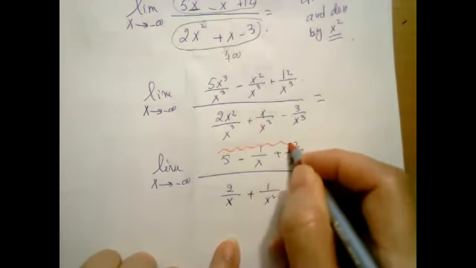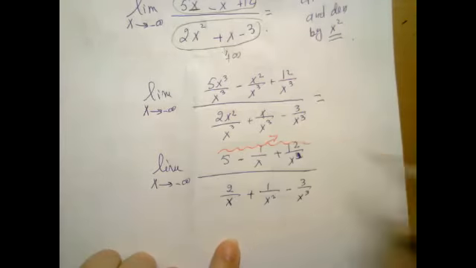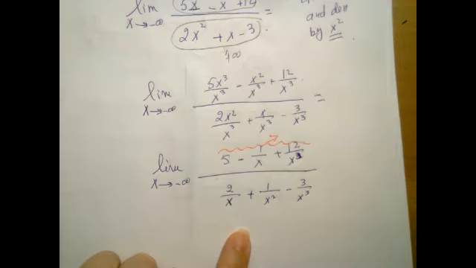This whole thing will become close to what? 0. Why 0? Because it's 5 minus like an infinite decreasing number. Keep thinking.